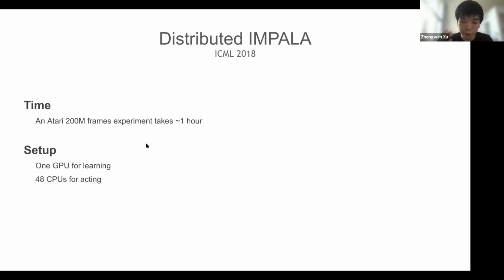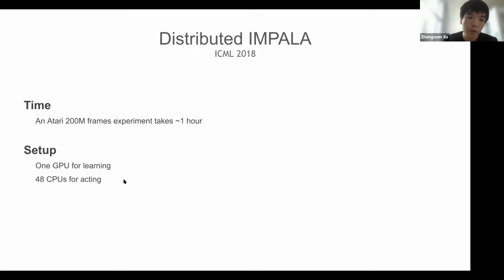Still 4 days. Then later in 2018, a new training system was introduced. It's called distributed IMPALA. It's still an actor-critic method, but improved a lot. So now the training time for an Atari game with 200 million frames can take only 1 hour.